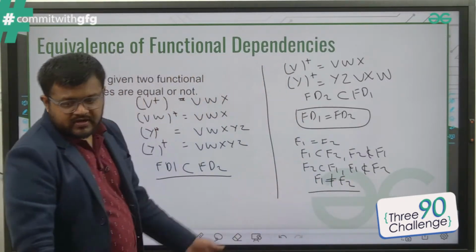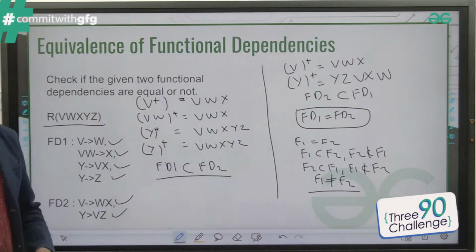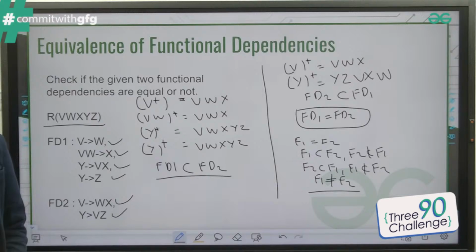These four possibilities can be there, and here it will be this. Clear this? Okay guys, clear?